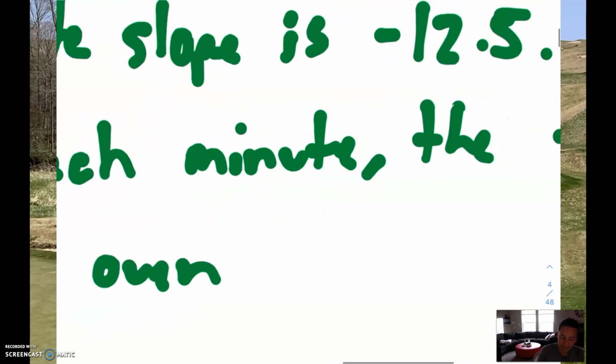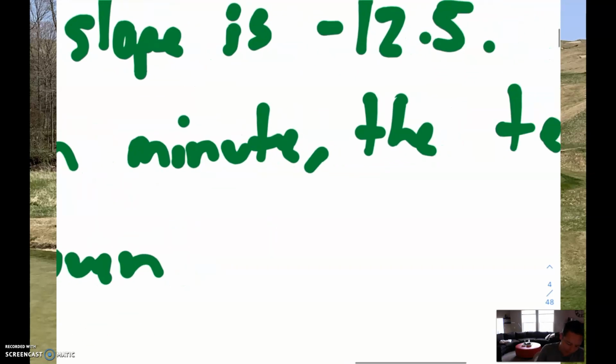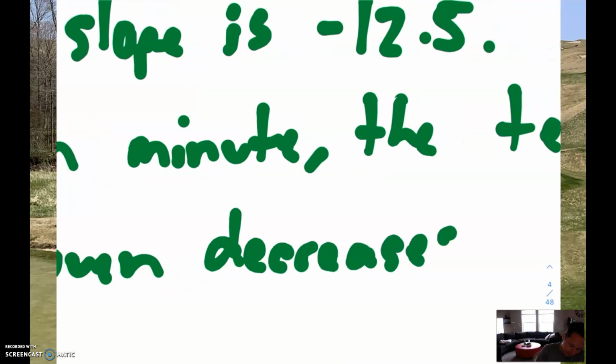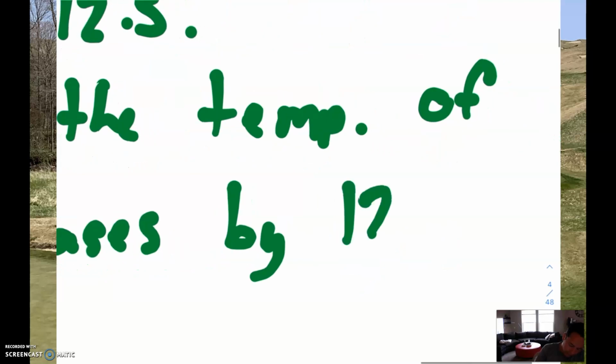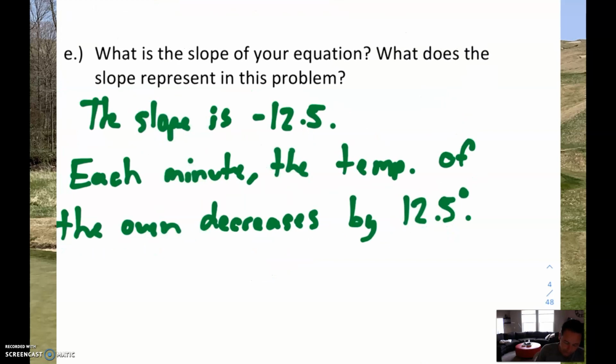Well, if the slope is negative, that means it's going down. So I'm going to use the word decreases by 12.5 degrees. So each minute, it's going down 12.5 degrees. If you wait for 4 minutes, it's going to be going down by 50, and that's what we saw with the fraction earlier. But each minute, down by 12.5 degrees.